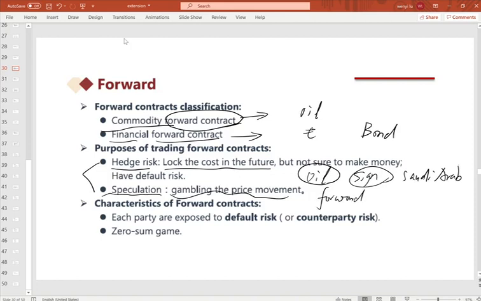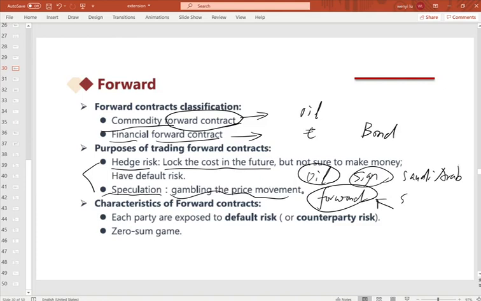If the oil price actually goes up, I can buy the oil at a cheaper price, then sell to the market directly and get a profit. In such a case, I'm not trying to reduce any risk for what I have in hand.